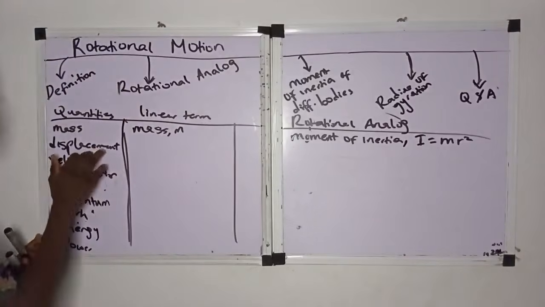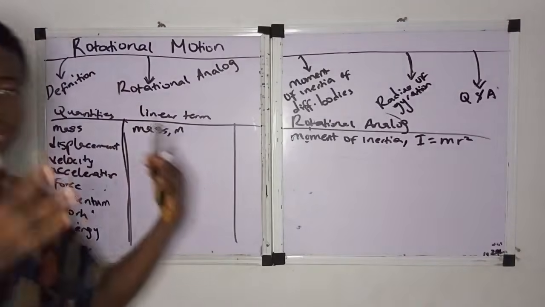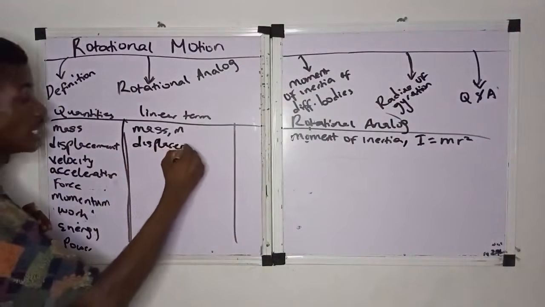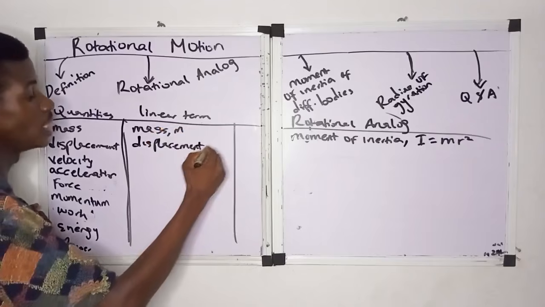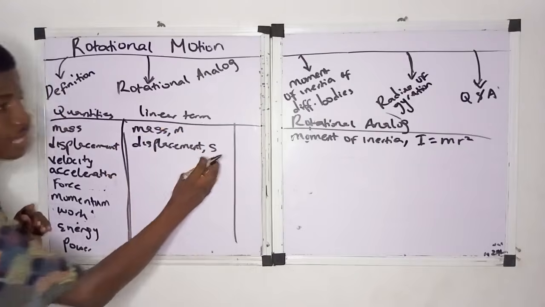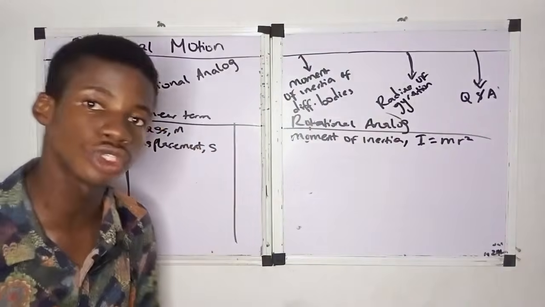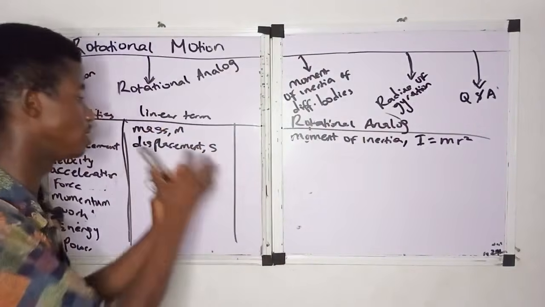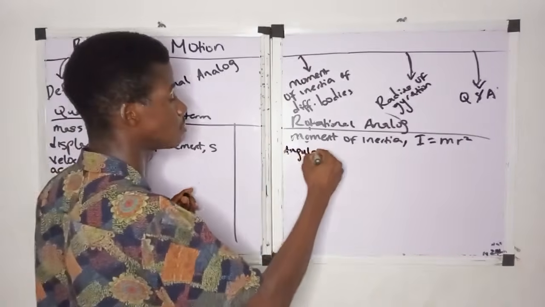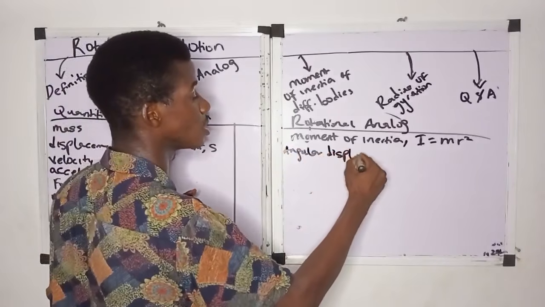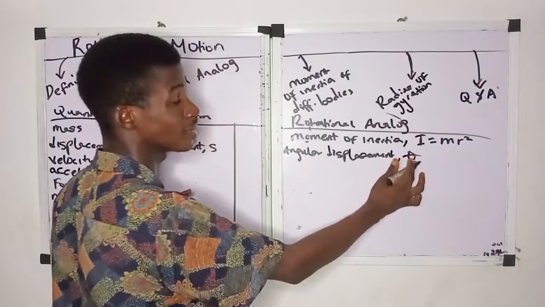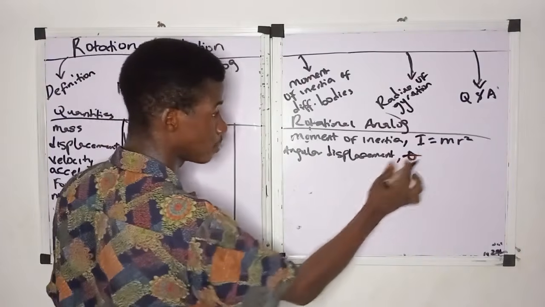Then displacement in linear motion is still known as displacement, represented by S. But in rotational motion, the analog of displacement is angular displacement, represented by this symbol.